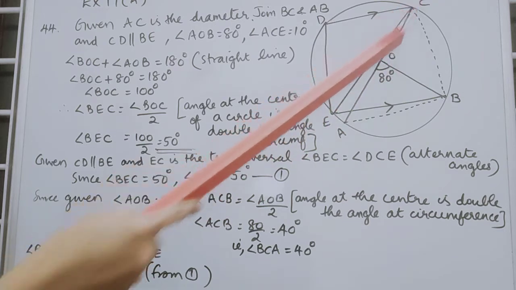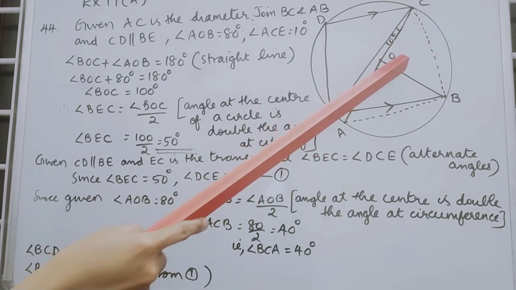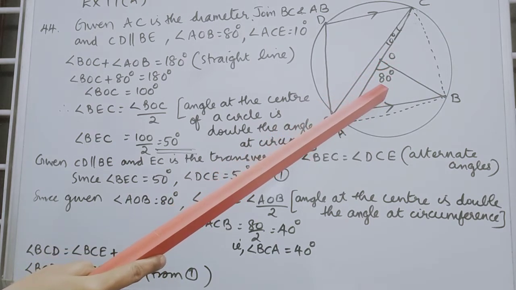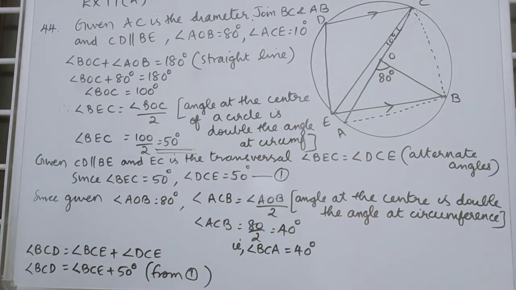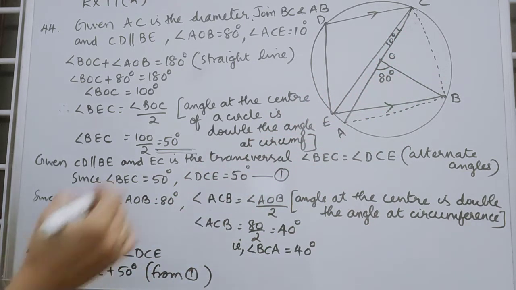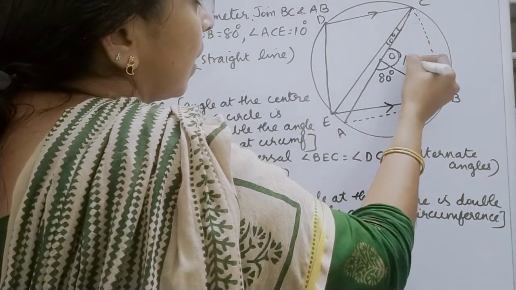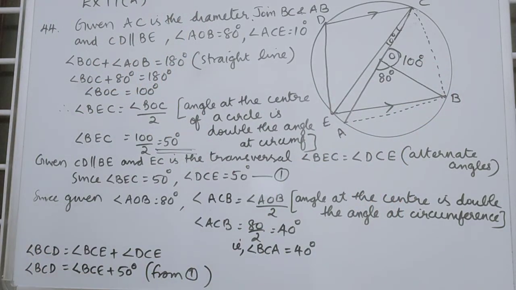Why? Because AOC is a straight line, no? So sum of angles will be 180 degree. So angle BOC will be 180 minus 80, which is equal to 100 degree. Sum is 180 degree.